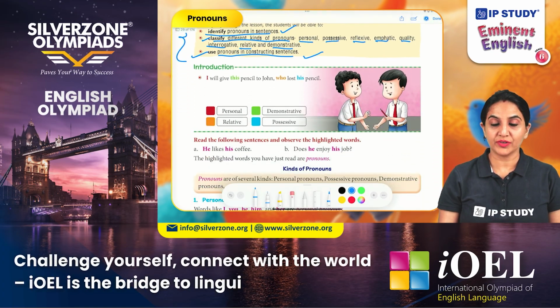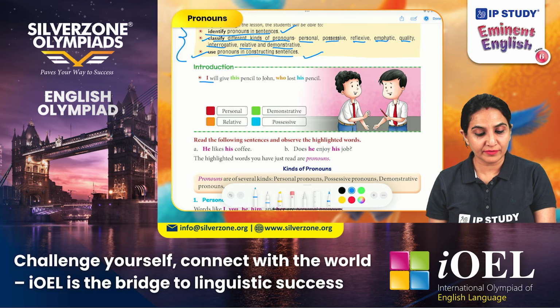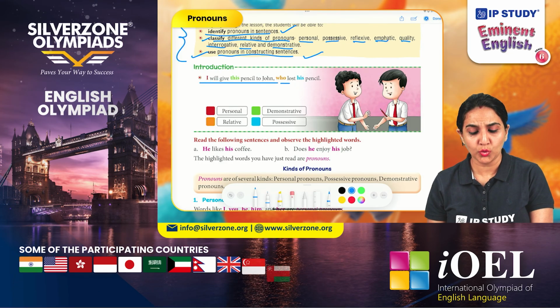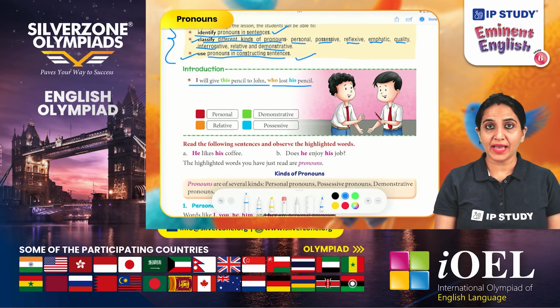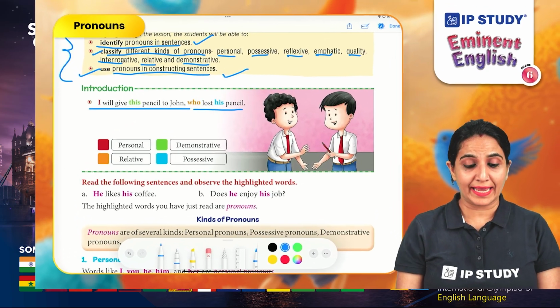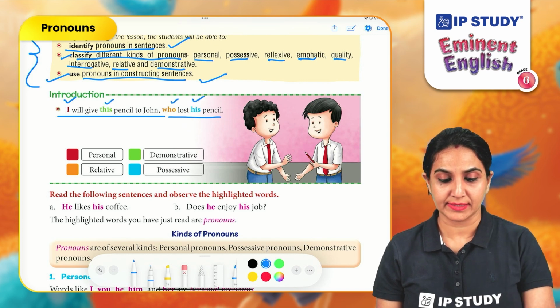Before we go further, let us study the following sentence. I will give this pencil to John, who lost his pencil. Now, in this sentence, we have used pronouns like I, this, who, his.